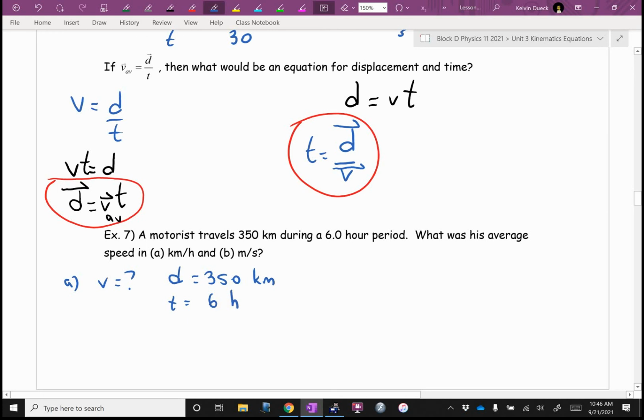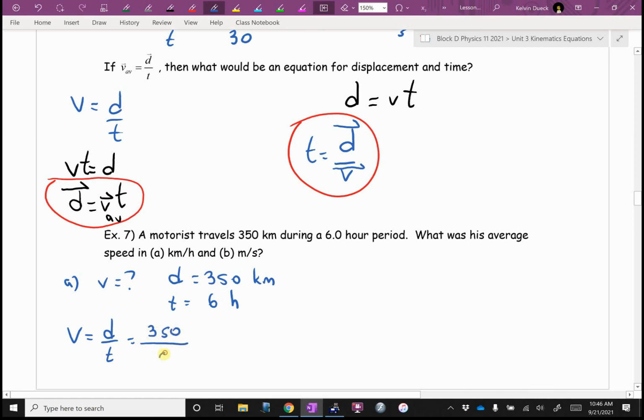What does this want me to find? I'm looking for an equation that has a V, a D, and a T in it. Preferably it has the V by itself. There is one. Which one? What's D? 350.